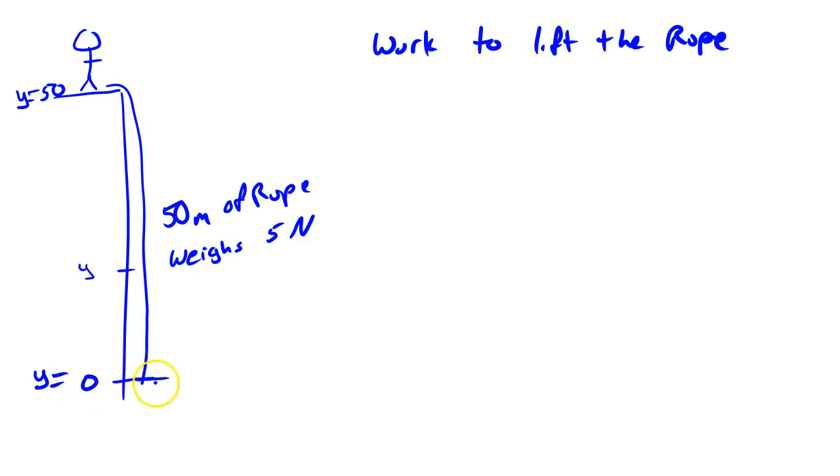When it's all the way out, the elevation is at 0. When the rope is all the way lifted, the elevation of the bottom of the rope is up at 50. Okay? So if I look at the weight that's out there, when y is equal to 0, all the rope is hanging, and there's 5 newtons of weight on it, right?